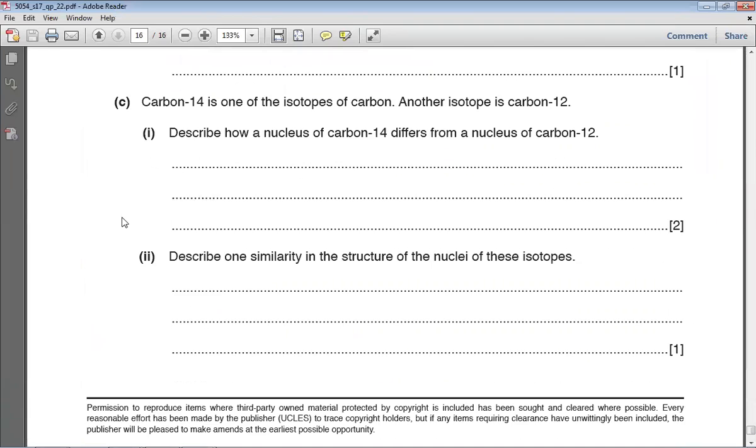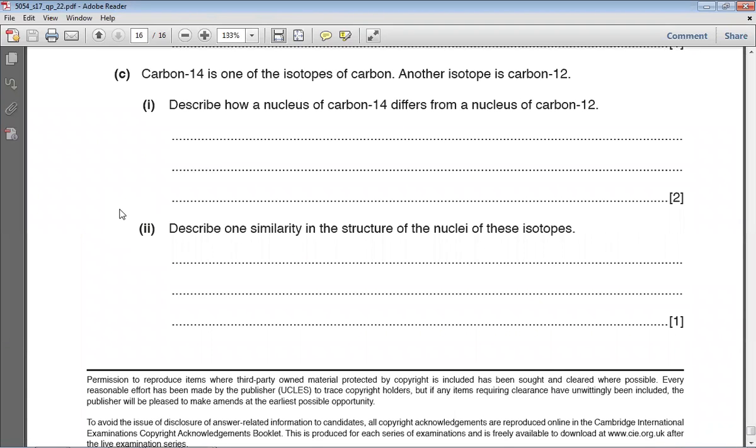And here we go, question number 11, C part. It says carbon 14 is one of the isotopes of carbon. Another isotope is carbon 12. Describe how a nucleus of carbon 14 differs from a nucleus of carbon 12. Because they both are isotopes of each other, they will have a different number of neutrons in their nucleus.